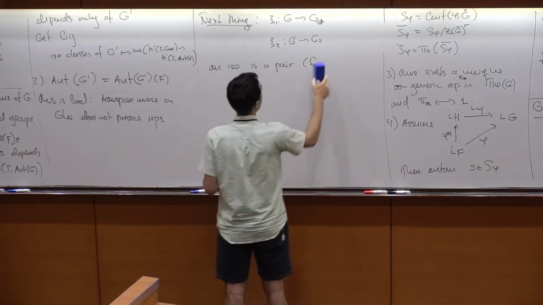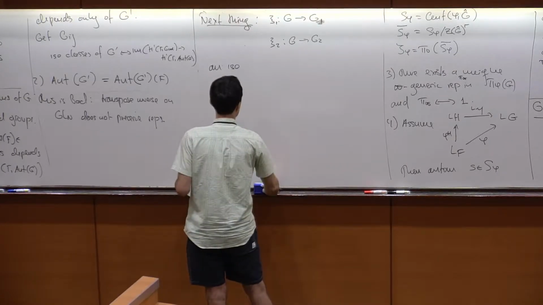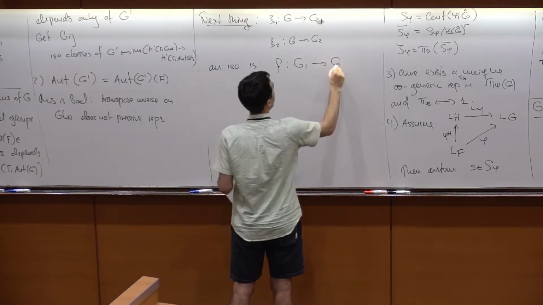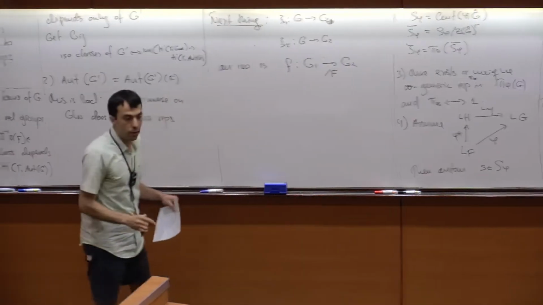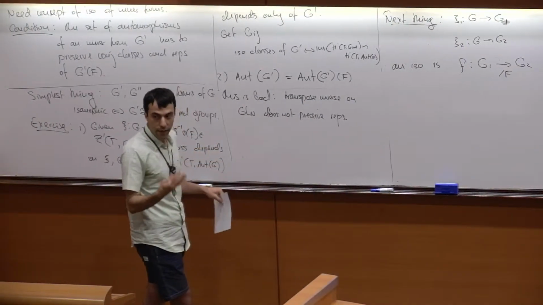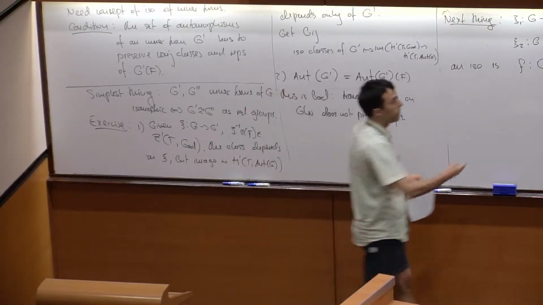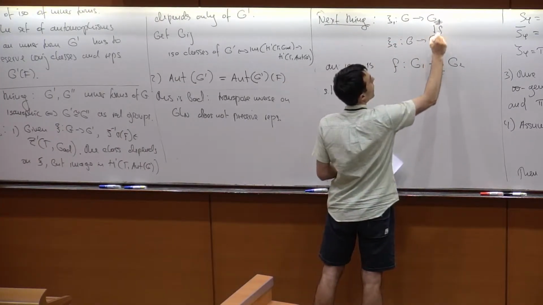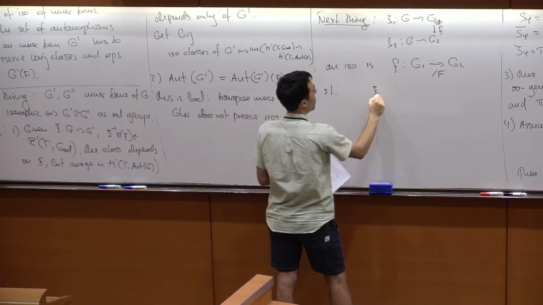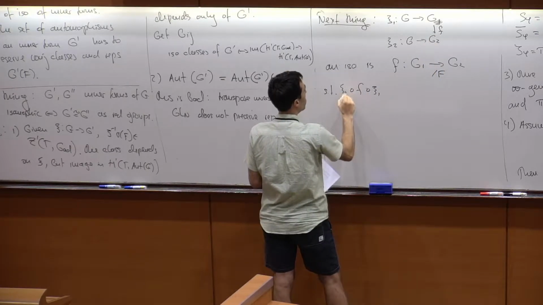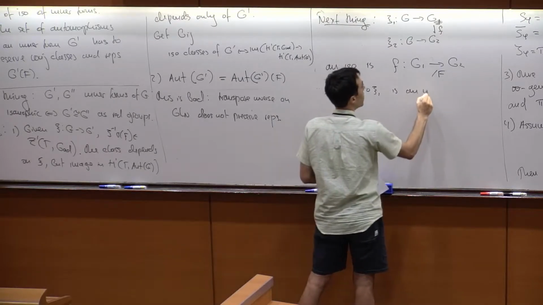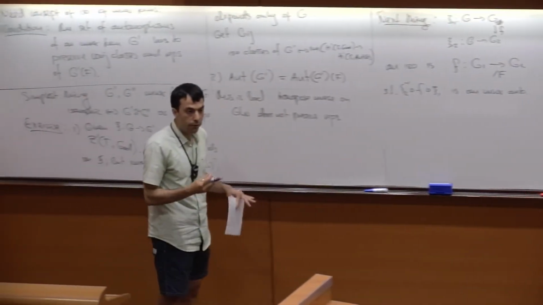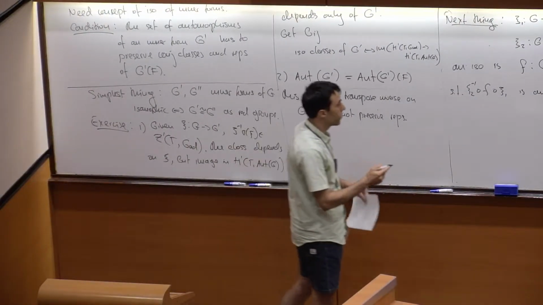An isomorphism is just an isomorphism over F between G1 and G2, just like before, but it has to now satisfy an extra condition that takes into account the twisting, such that psi1 composed with F composed with psi2 inverse is an inner automorphism. Okay, so we've now made the notion of isomorphism stricter.